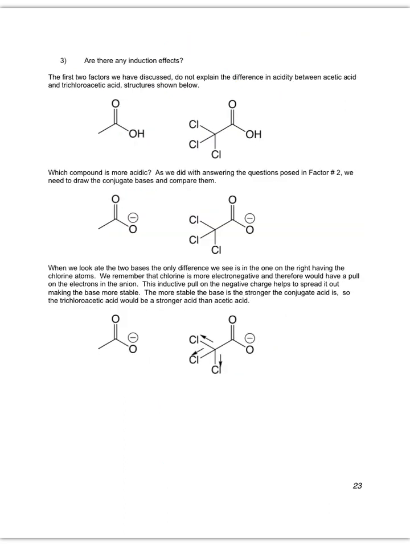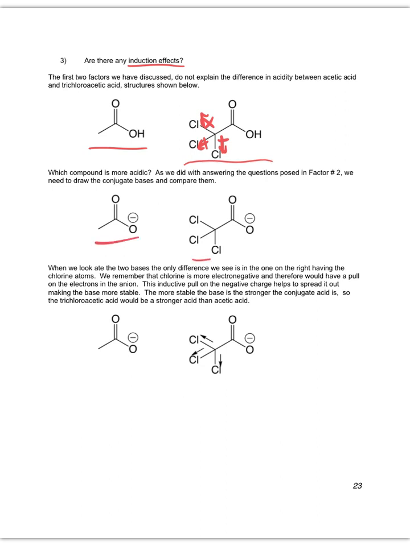Third thing we want to look at are inductive effects. Okay, here we have acetic acid and here we have trichloroacetic acid. The only difference between the two is the chlorines are very strongly electronegative, so they're pulling electron density away from the carbonyl.